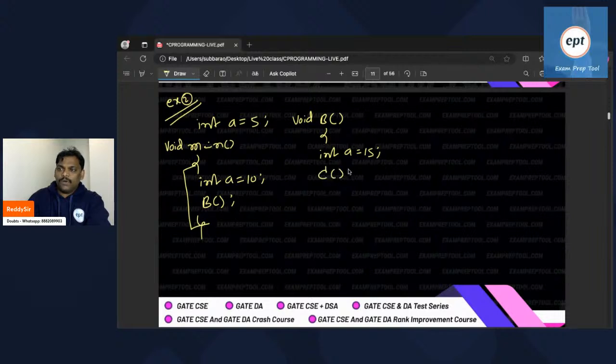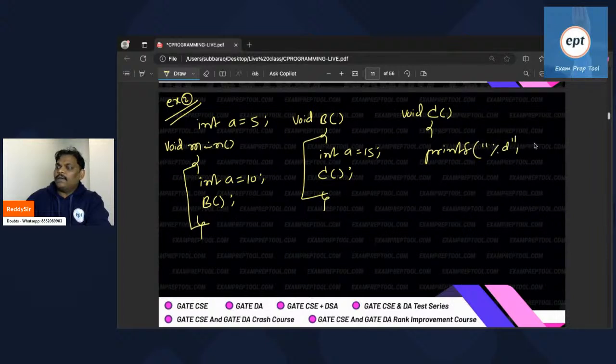The C function is called. Go to the C function. We are also not returning anything, so void C. Next one, see this one. Everyone observe. printf %d and A.